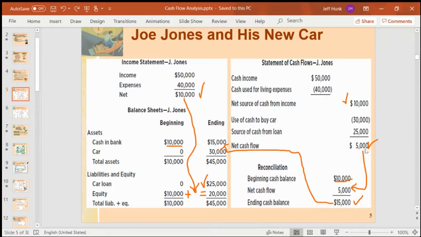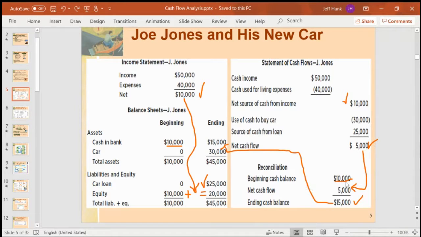Okay, so think about it. The net cash flow of this 5,000 added to the beginning cash balance will end up at 15K. Okay, makes sense. Now, this is also detailed in the reconciliation section.